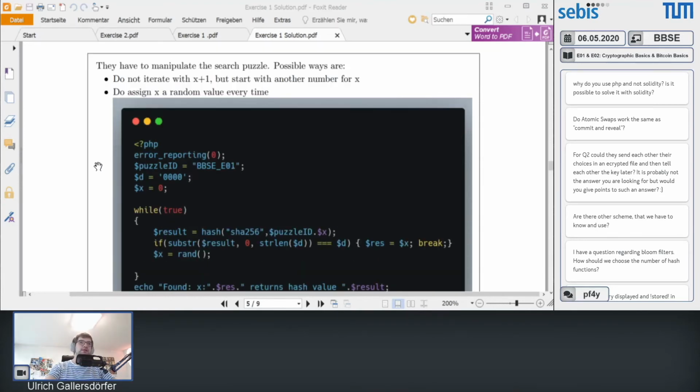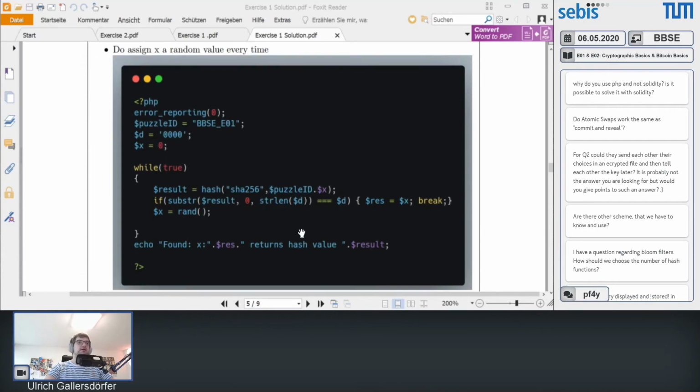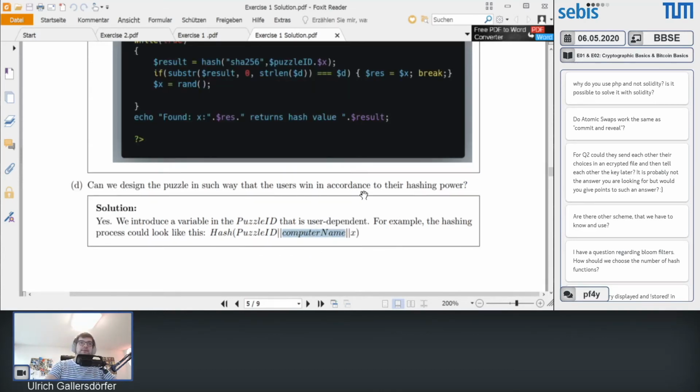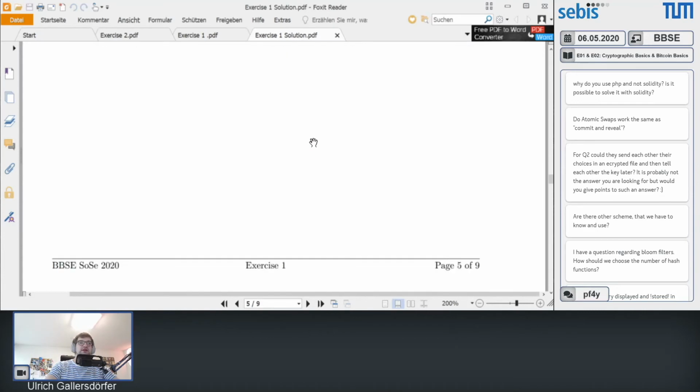When we do that, they can go back to iterating by adding +1 to x, and it will remain fair. For example, the hashing process could look like this: the puzzle ID still remains in there, but we add the computer name. As this computer name is different for every participant, this results in different hashes all the time.